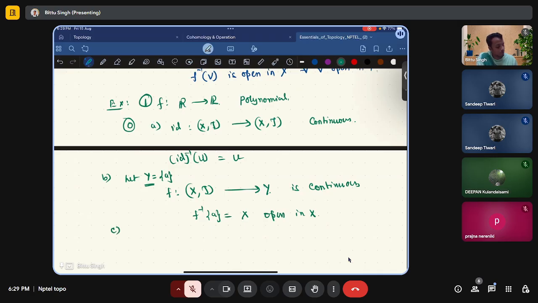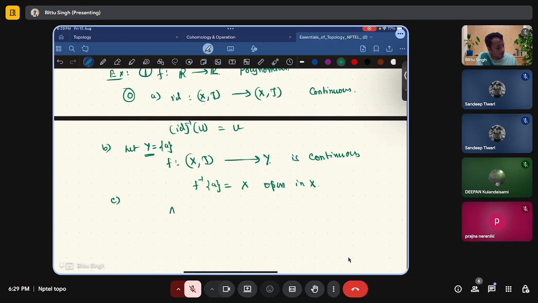Another trivial example: let A be contained in X and consider the subspace topology.